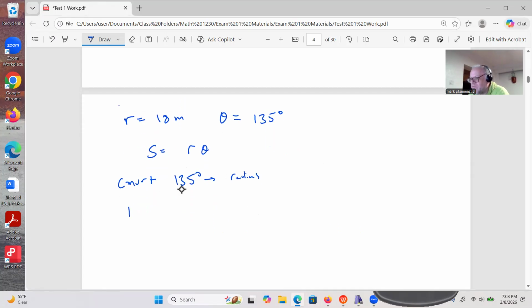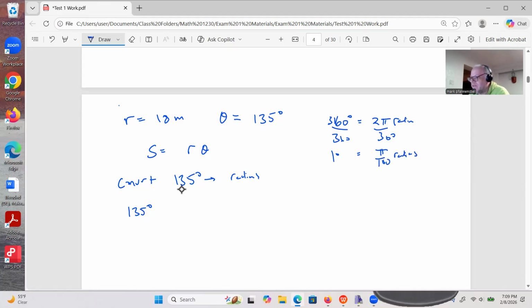So we have 135 degrees, and let's see what that's going to do for us. I could look back up at the previous one, but just in case we forgot, 360 degrees is equal to 2 pi radians. So if we divide by 360, I know that 1 degree is equal to pi over 180 radians.